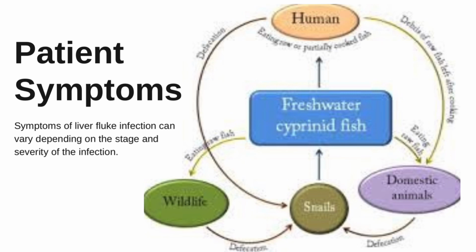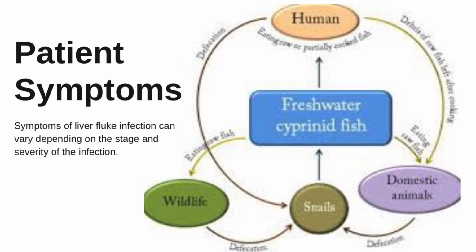Then the domestic animals defecate, and then the snails eat it. It goes the other way as well. Humans defecate, and then the snails pick it up, or other wildlife do. And then you get into the freshwater fish, and it goes right back to humans.